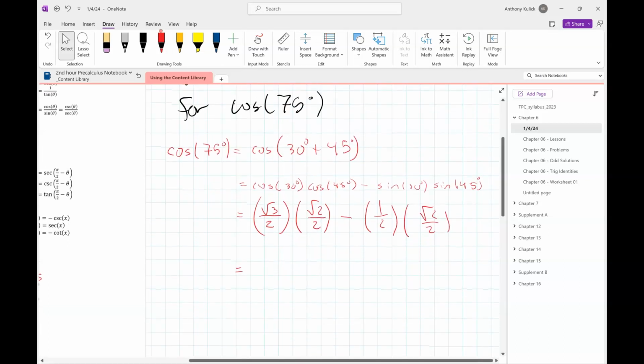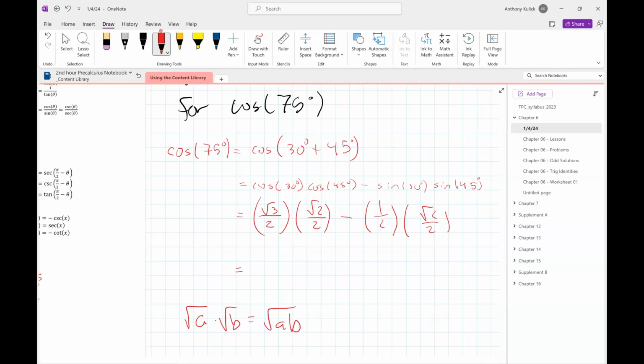I know, it's the beginning of the semester. So hopefully from Algebra 2, that looks familiar. The square root of a times the square root of b is just the square root of a times b. So that should be square root 6. And then 2 times 2 is 4.